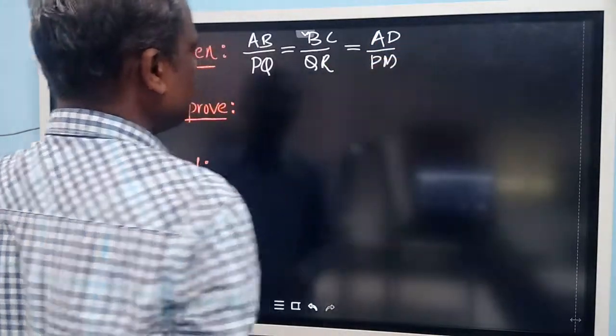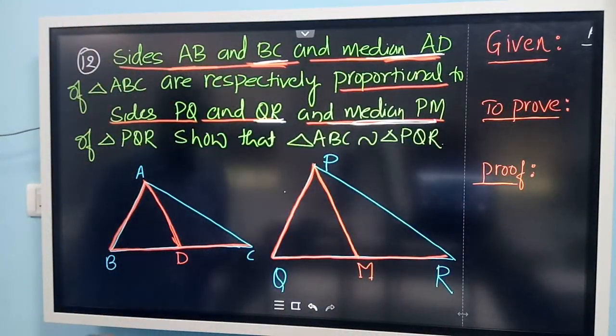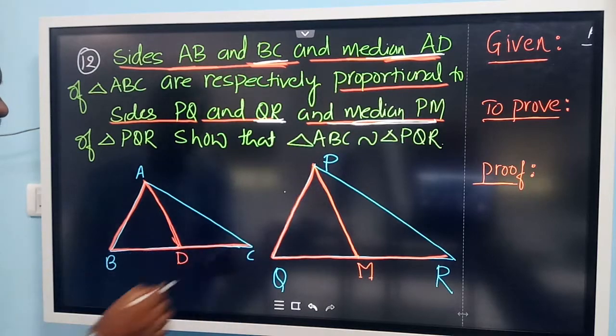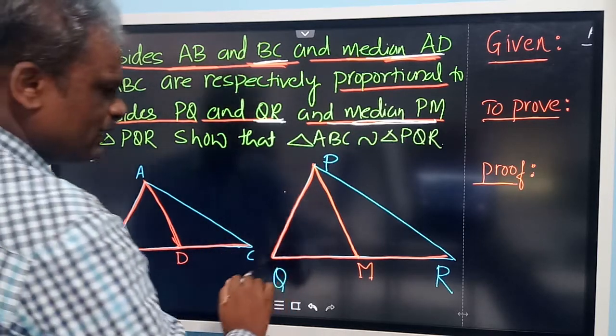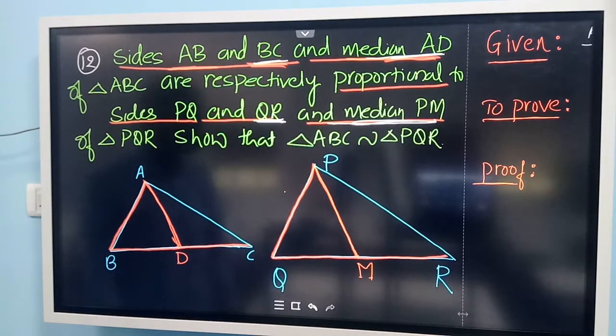So this is the data that they have given in these two triangles. Once again listen what they have given: AB by PQ, then BC by QR, then median AD divided by median PM.